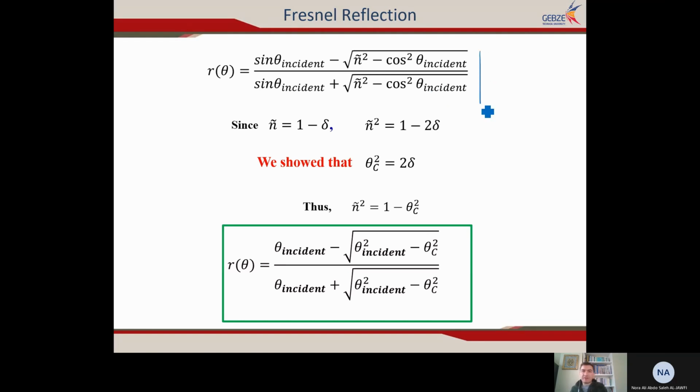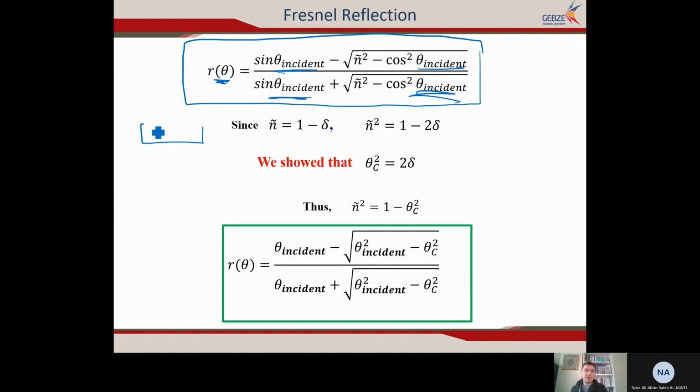Then we have a new expression for the Fresnel reflection coefficient that depends on the theta incident, okay? So this is the constant for a certain material, and the changing parameter here is the theta incident. And I know what theta incident is.